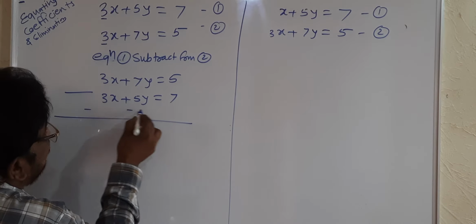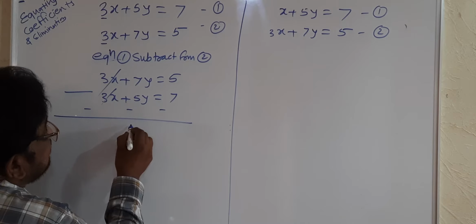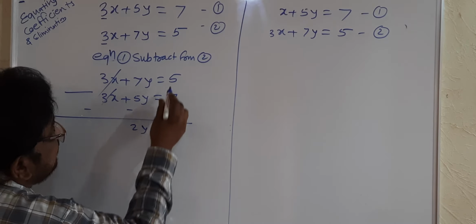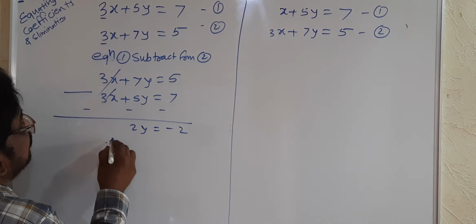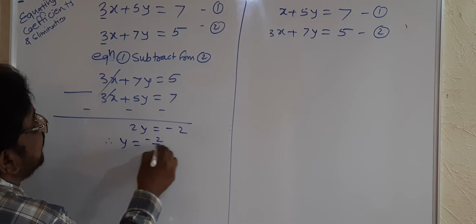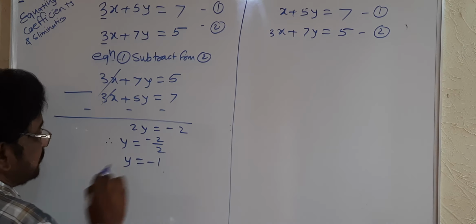So minus, these two will cut. This is 2y is equal to minus 2. Therefore, y is equal to minus 2 upon 2 and y is equal to minus 1.